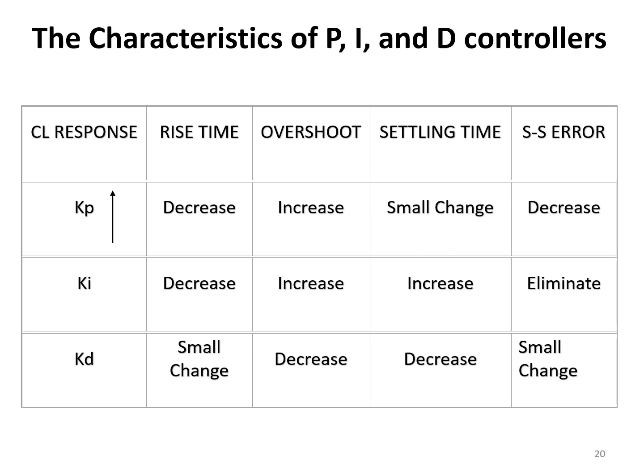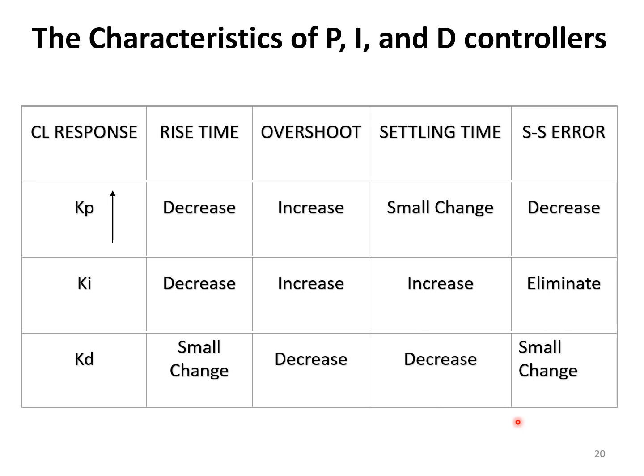The characteristics of P, I and D controllers are as follows. For proportional controllers, rise time decreases, overshoot increases, there is a small change in the settling time, and steady state error decreases.